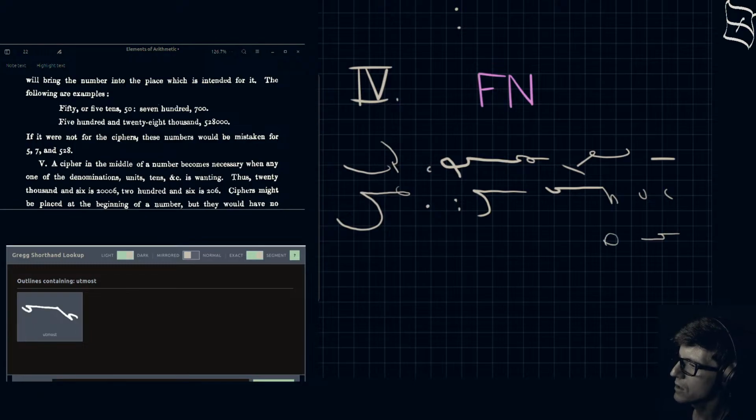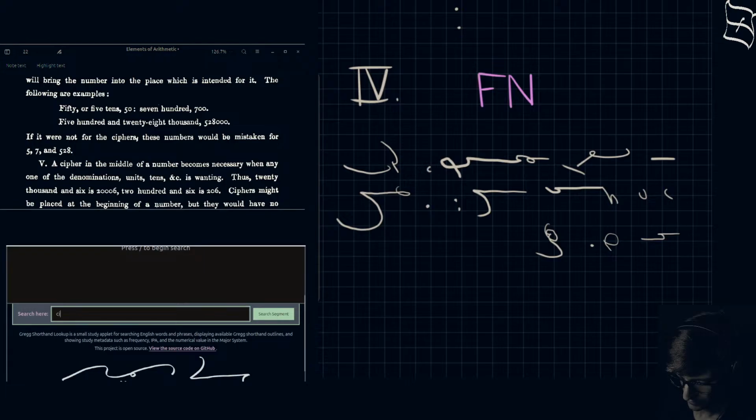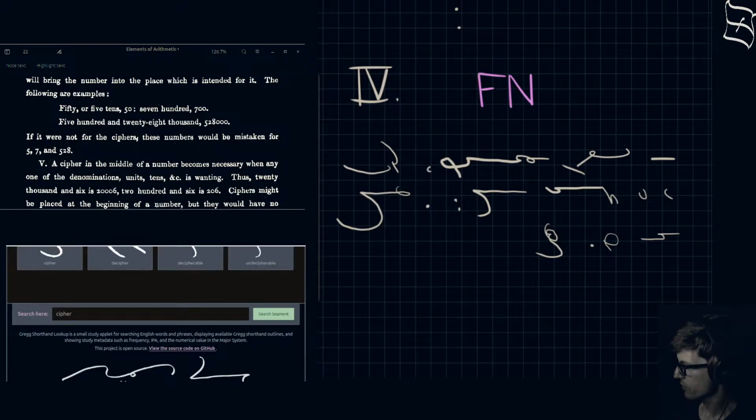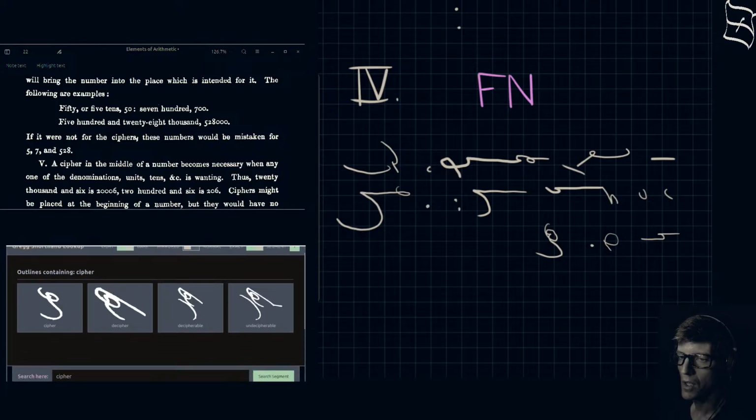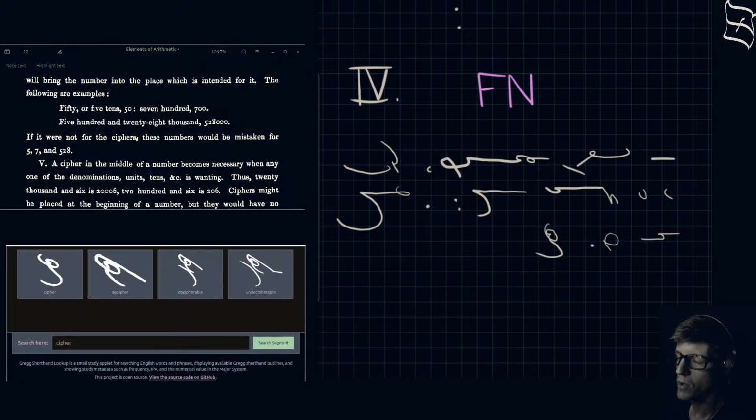Then we have to check and see if cipher is in the dictionary. I'll put what I think it is. A symbol known as a cipher. Let's go ahead and check that out. If we take a look at cipher, we see indeed that there is the word for cipher.